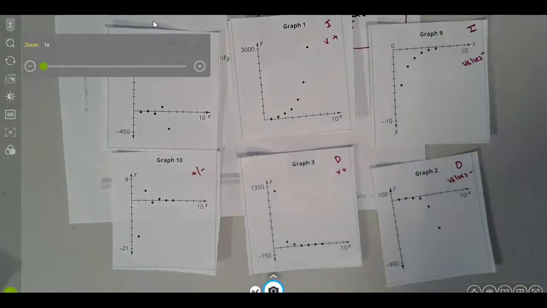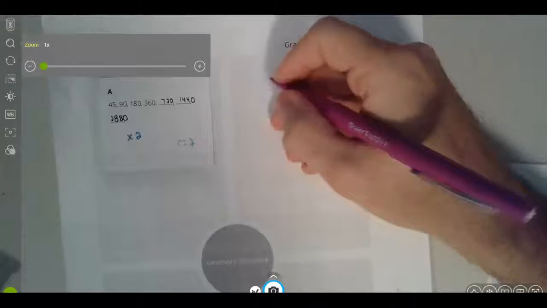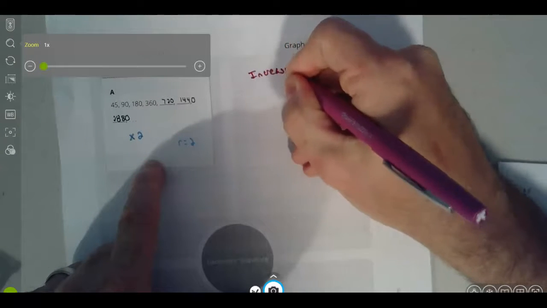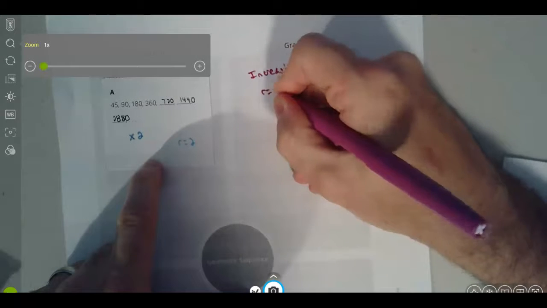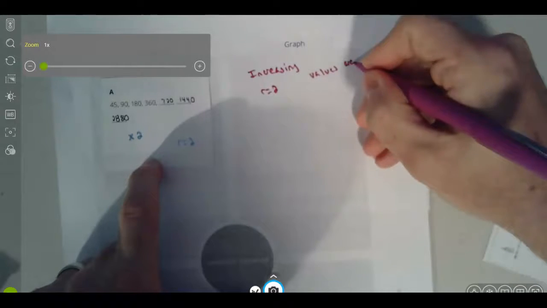So let's look at graph A, or sequence A, right here. It looks like it's increasing, and the rate of increase is 2, and all of my values are positive.